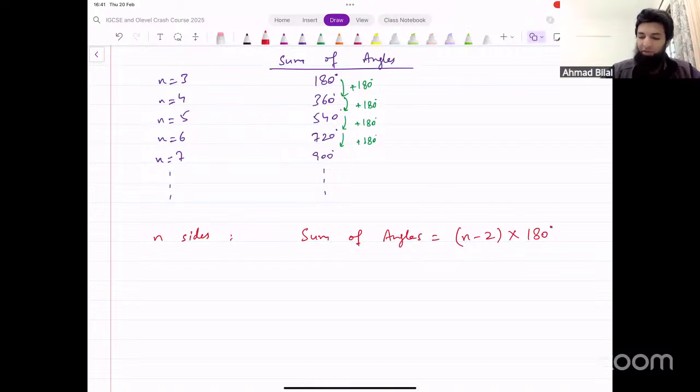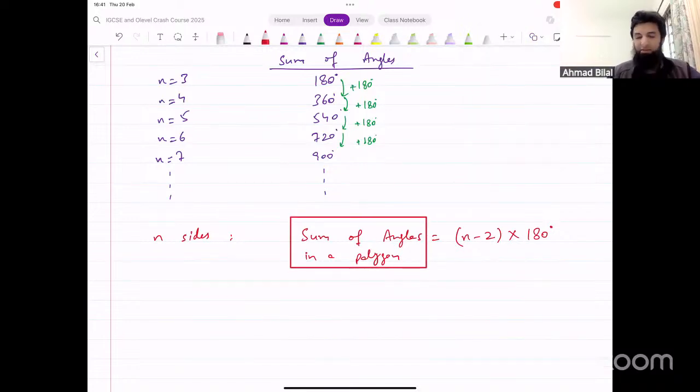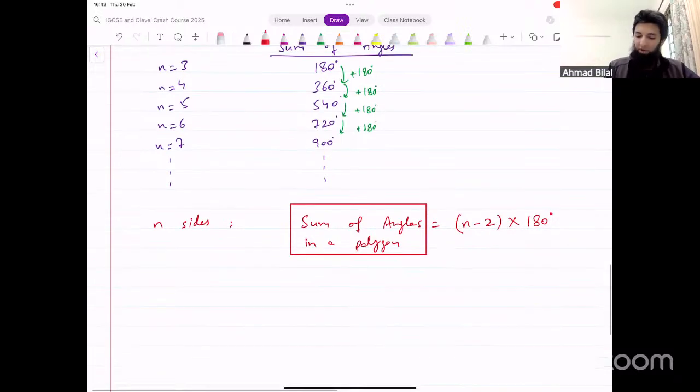That's the formula that we have for the sum of angles in a polygon. Sum of all angles in a polygon is given by n minus 2 times 180 degrees. Okay, this is one formula that you need to remember here. Sum of all angles in a polygon, that's n minus 2 into 180.